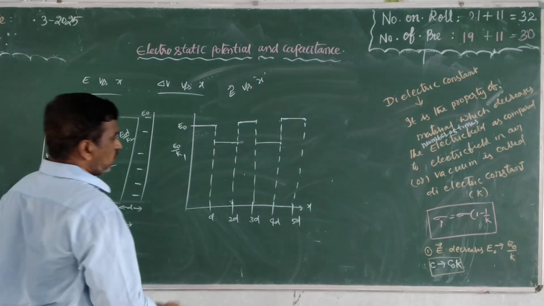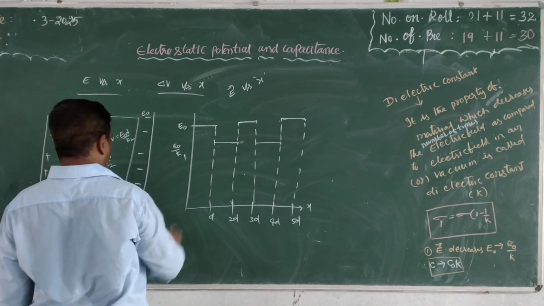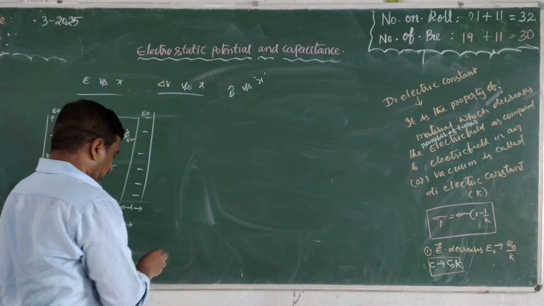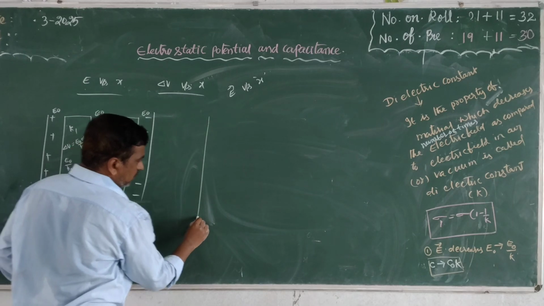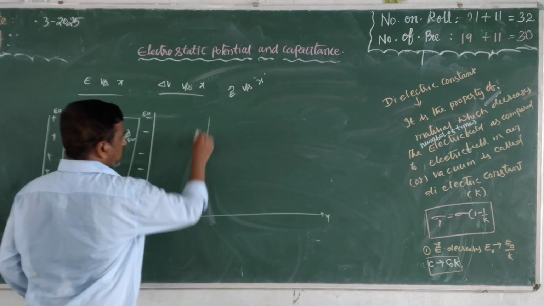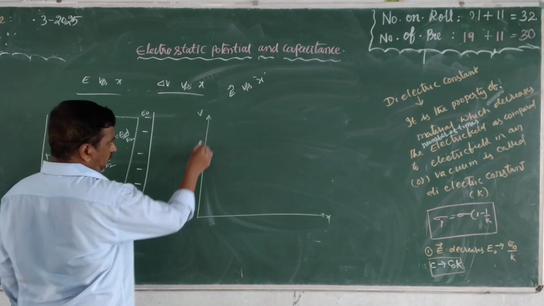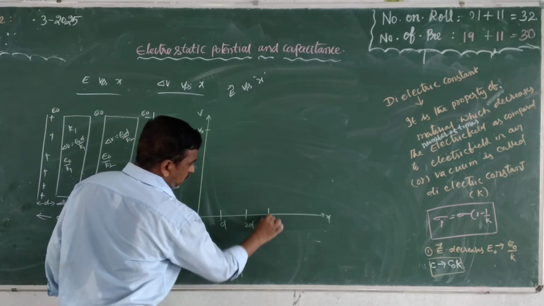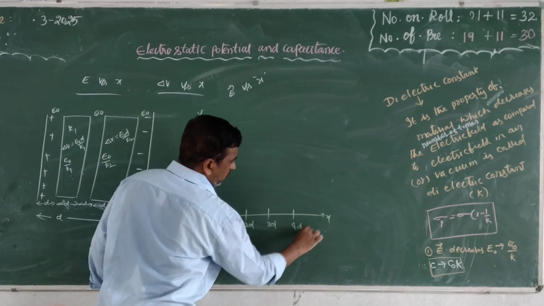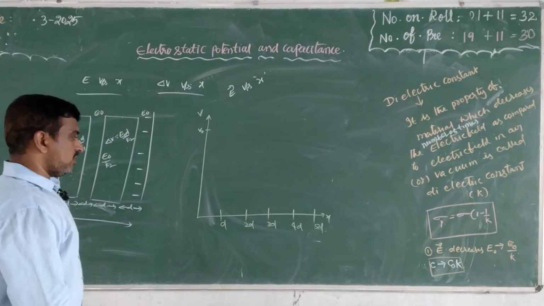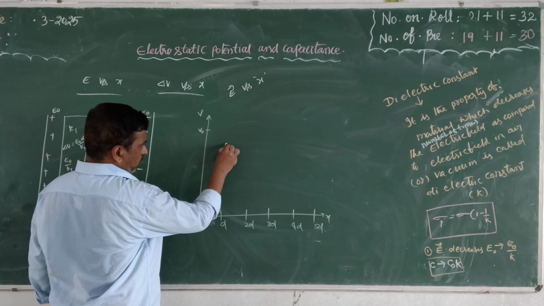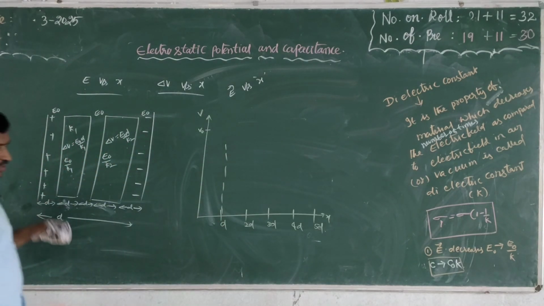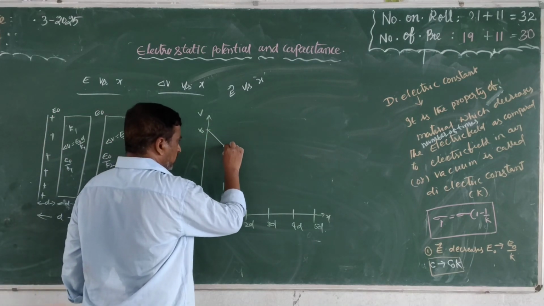So for potential, we can draw it for this. I draw it here: v versus x. We can take V naught as the maximum, with d, 2d, 3d, 4d, 5d. First one is air medium, so empty space, and in that case the potential change is maximum.